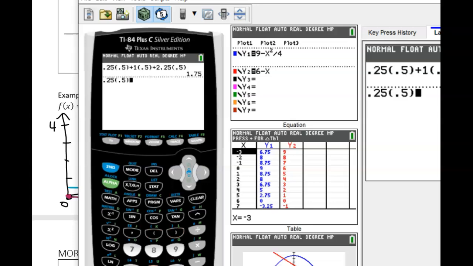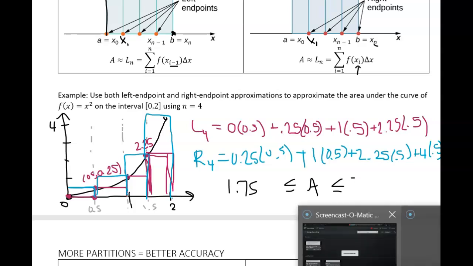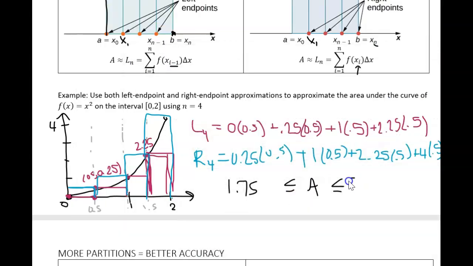And then for our right-hand approximation, we're going to repeat these, and then add in the last rectangle. And we get 3.75. And so we know that the true area under this curve is something in between 1.75 and 3.75.